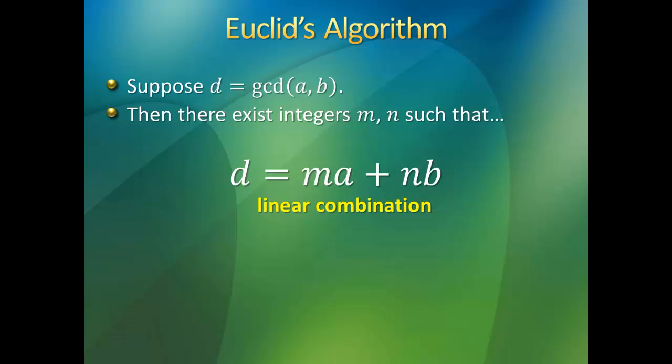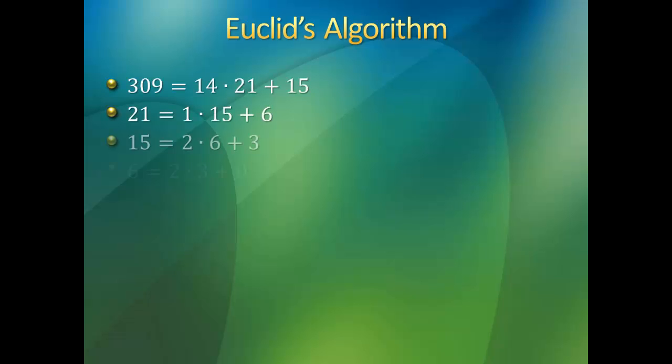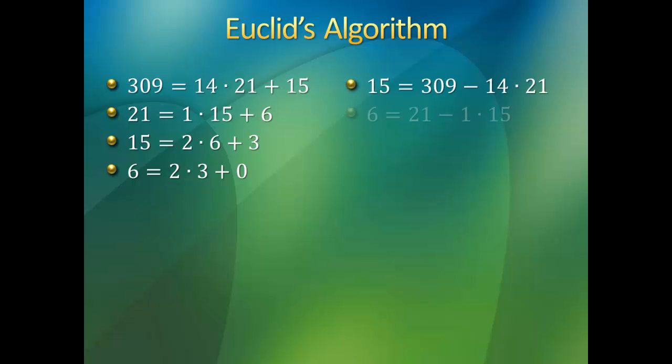Not only is it always possible to do this, but Euclid's algorithm actually paves the way. Let's represent 3 as a linear combination of 309 and 21. First, we need to use Euclid's algorithm on these two numbers. Next, we solve for all the remainders. So 15 equals 309 minus 14 times 21, 6 equals 21 minus 1 times 15, and 3 equals 15 minus 2 times 6.